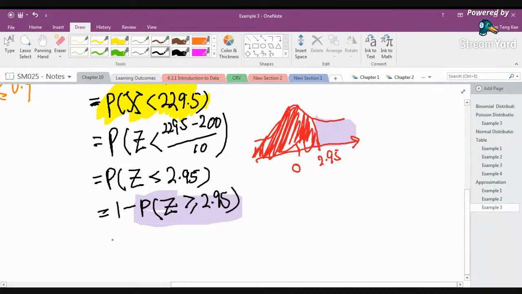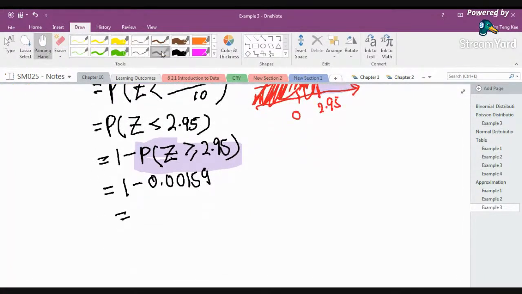Based on the statistical table, Z greater than 2.95 gives the answer 0.00159. And as we calculate the subtraction, we have the answer correct to 4 decimal places as 0.9984.